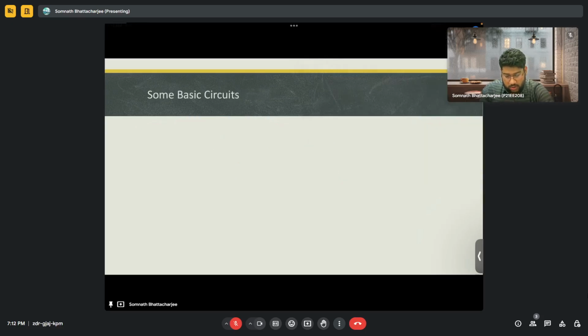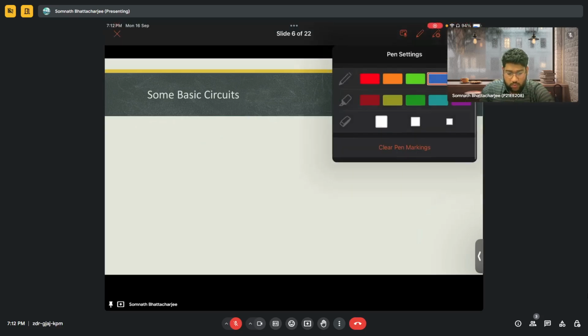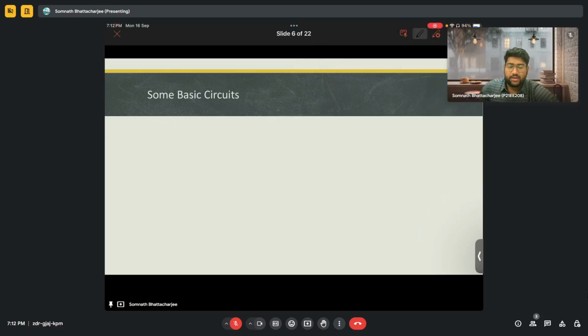To learn about these signal conditioning circuits, we need to learn some basic circuits, as already discussed in the lectures, but still we'll revisit them. That is the voltage divider circuit. So what is a voltage divider or a potential divider circuit?